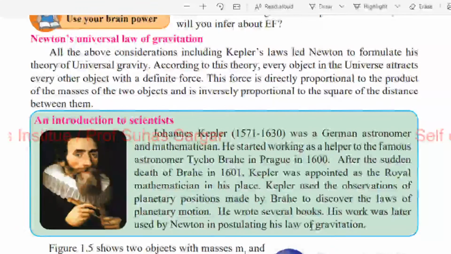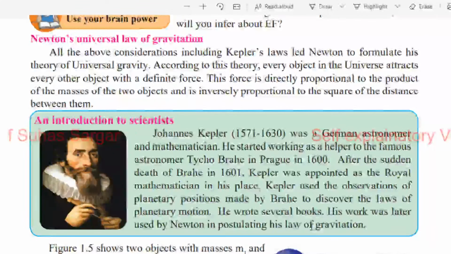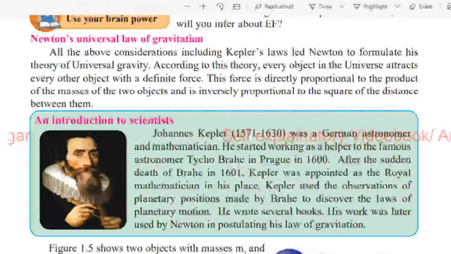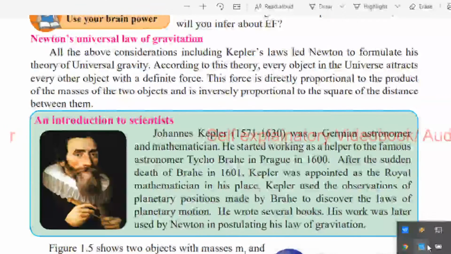After the sudden death of Brahe in 1601, Kepler was appointed as royal mathematician in his place. Kepler used the observations of planetary positions made by Brahe to discover the laws of planetary motion. He wrote several books. His work was later used by Newton in postulating his laws of gravitation.